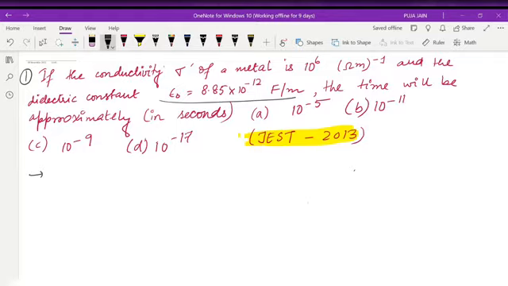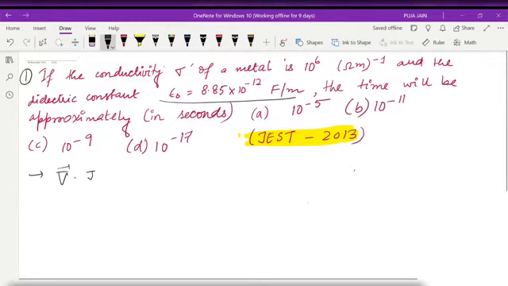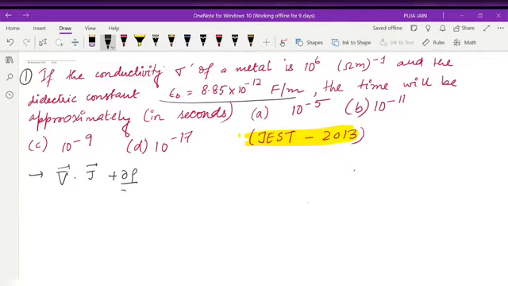Now we know our famous continuity equation. What does it say? It says that del dot J plus del rho by del t equals 0, where del is the operator, that is i cap del by del x plus j cap del by del y plus k cap del by del z.